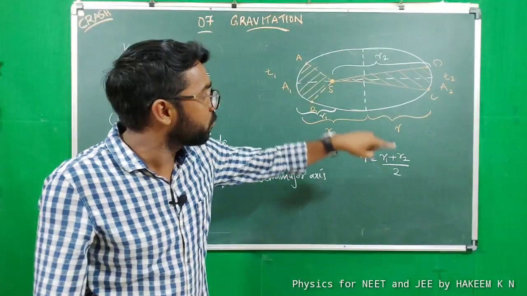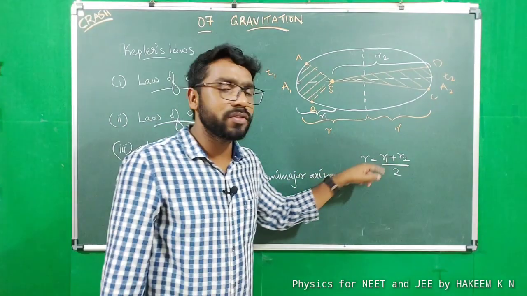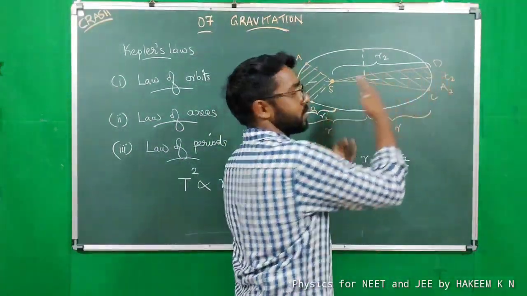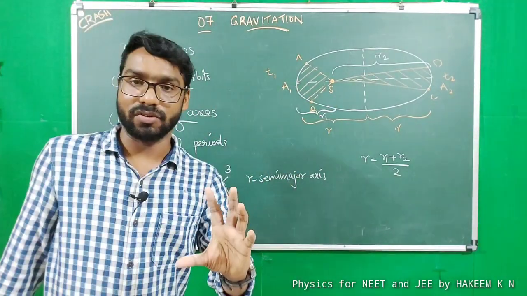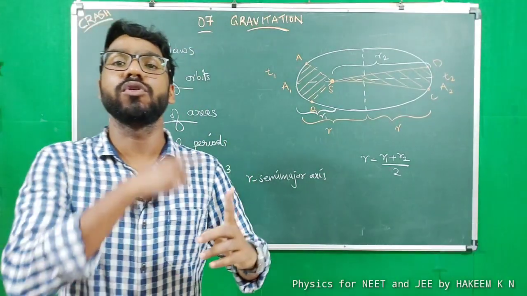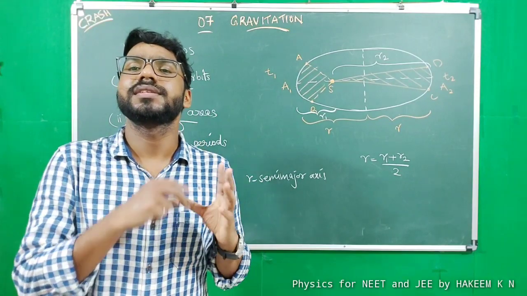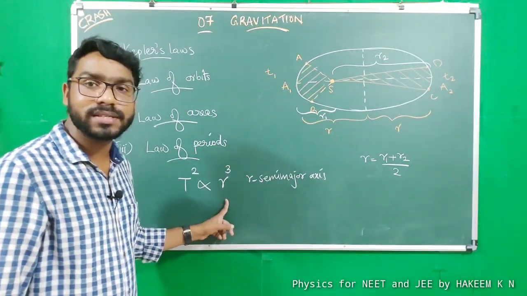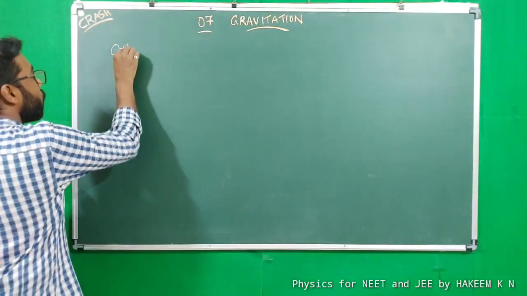The average of the distances is actually the semi-major axis, half of the major axis. For satellites or planets revolving in circular orbits, we take this R as the radius of the circular orbit.